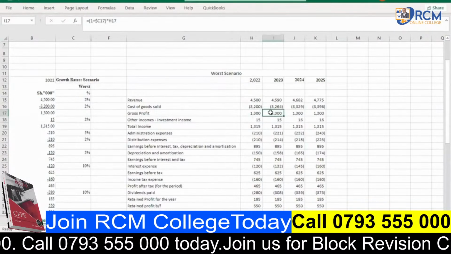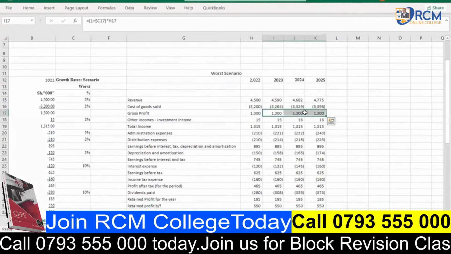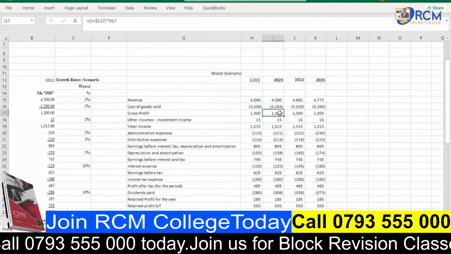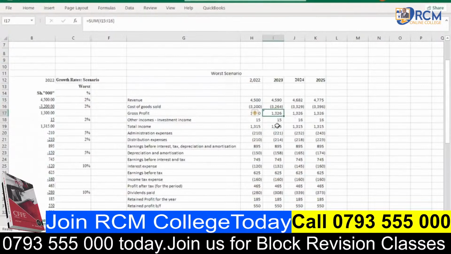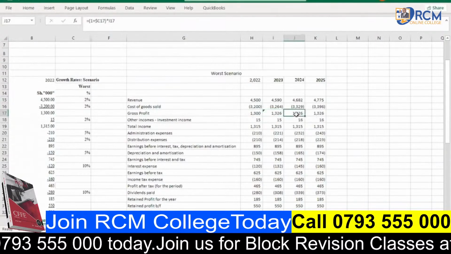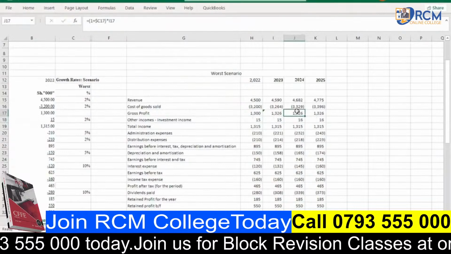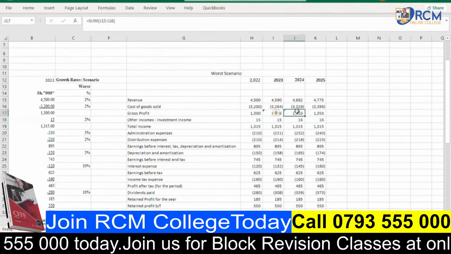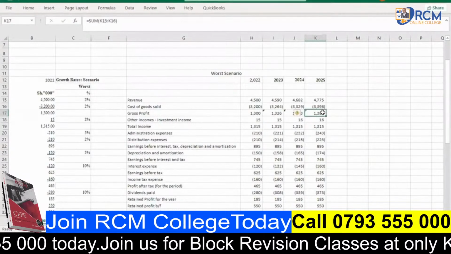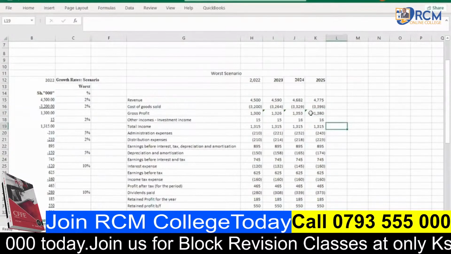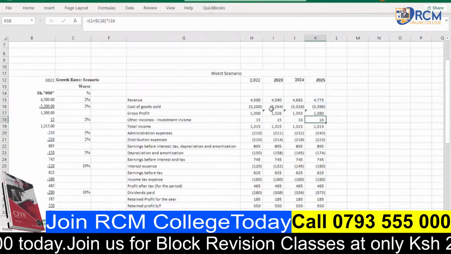So just highlight this other side, then you say Control R to get that. Control R will be copying the formula from this other side. Then Control R. Tumemaliza hiyo kazi. So zote ziko sawa.